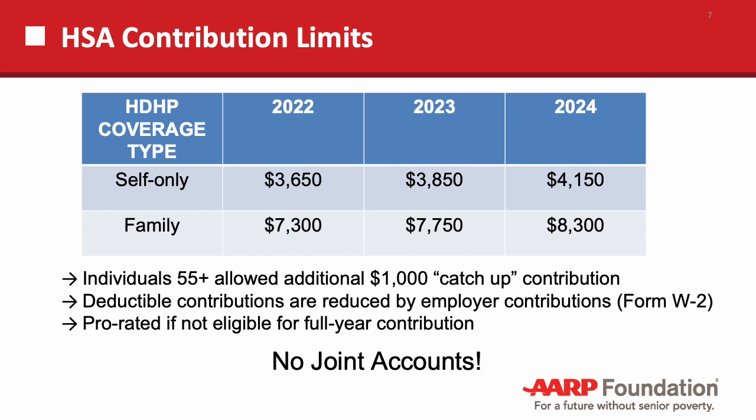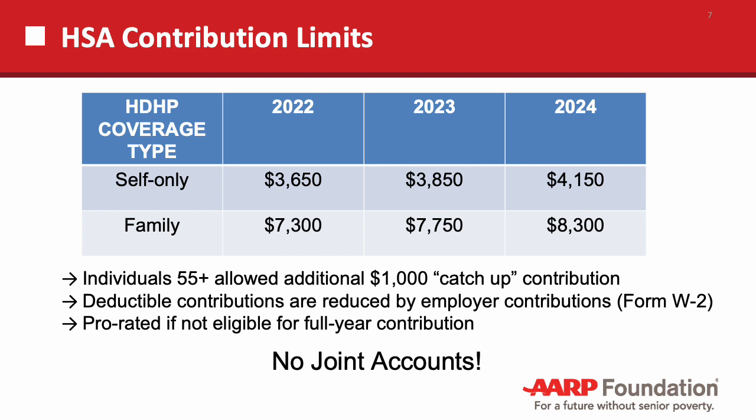Let's look at the contribution limits. They tend to go up every year. Here are the limits for several years, including the current tax year of 2024. Contribution limits are based on the type of policy, that's self-only or family, the date the taxpayer became eligible, the date the taxpayer may have ceased being eligible, and the taxpayer's age.